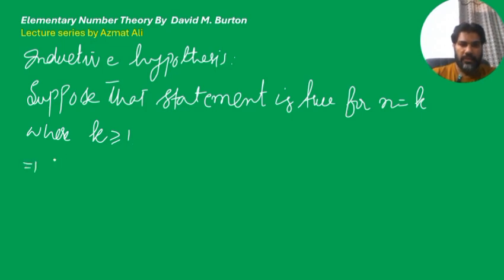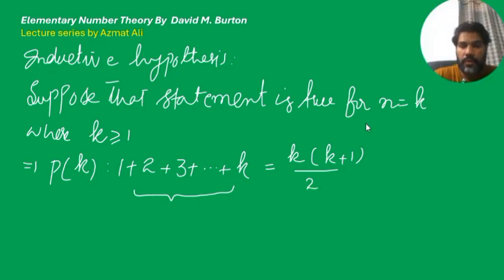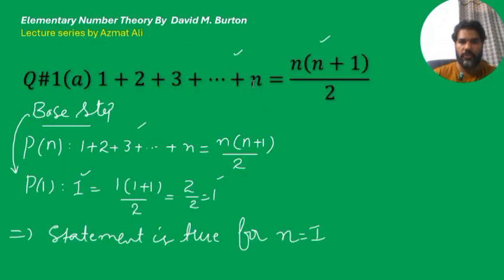This implies P of k such that 1 plus 2 plus 3 and so on up to k, that is the sum of these k integers, is equal to k into k plus 1 over 2. This step we can obtain simply by putting n equal to k on both sides.